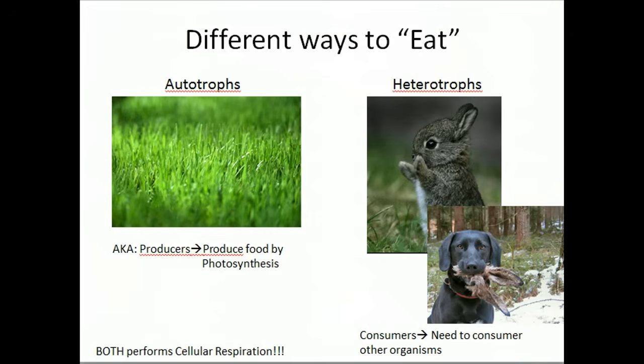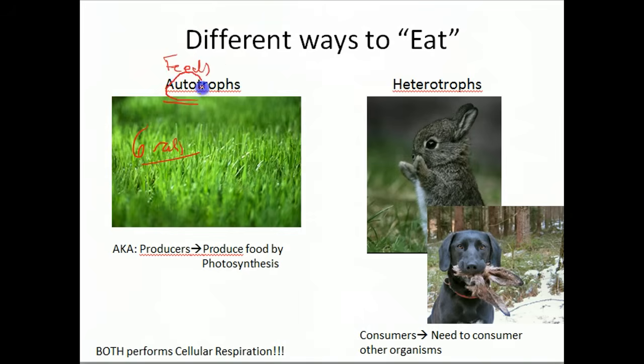Okay, so there are different ways to, quote, eat. There are organisms out there, like grass, that are immobile and cannot go down the street and buy food and make food for dinner. It's an autotroph, meaning it feeds itself.